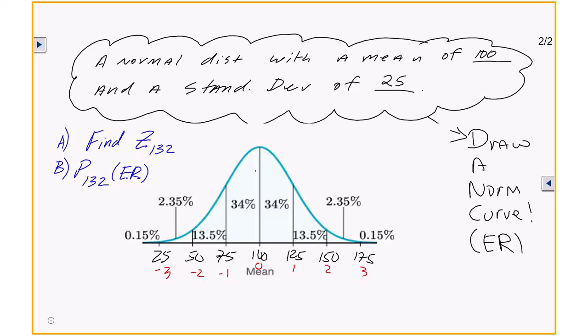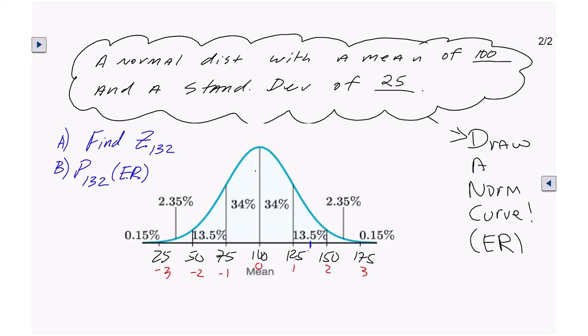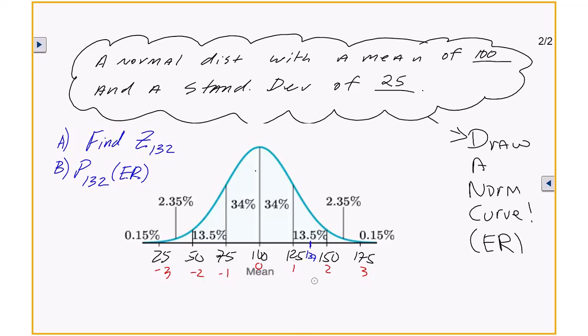So I'm going to plot 132. Where would 132 be? Well, what's between, let's see, 12 is right in here, because half of 25 is 12, right? So 12 plus 25 is what? 137? So that blue mark right there is at 137. Would everybody agree with that? All right, we were looking for 132.